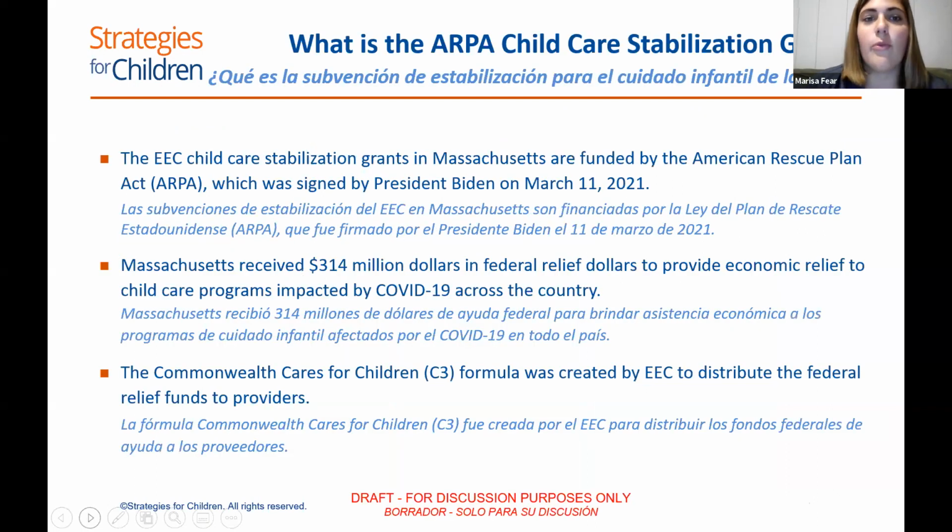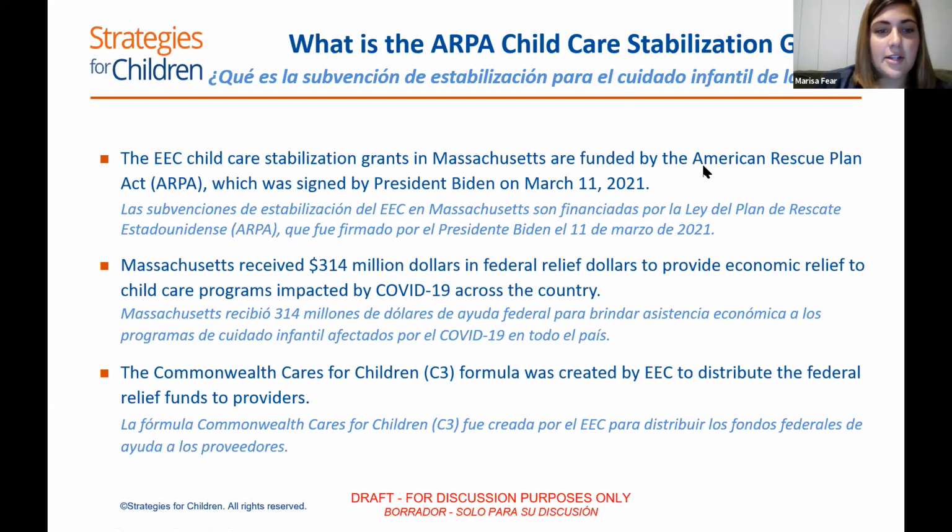So let's start with what is the American Rescue Plan Child Care Stabilization Grant. The EEC Child Care Stabilization Grant in Massachusetts is funded by the American Rescue Plan, which was signed by President Biden on March 11th of 2021. In this legislation, Massachusetts received $314 million in federal relief money to provide economic relief to childcare programs impacted by COVID-19 across the country.